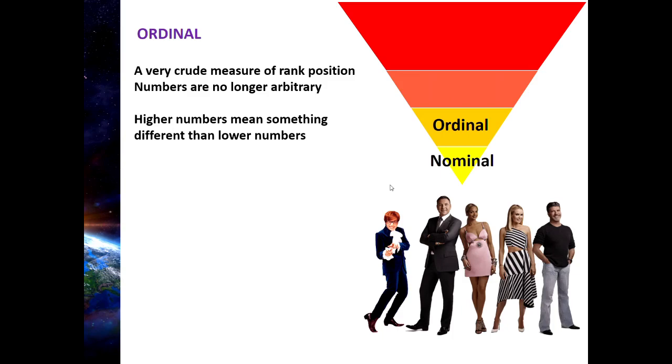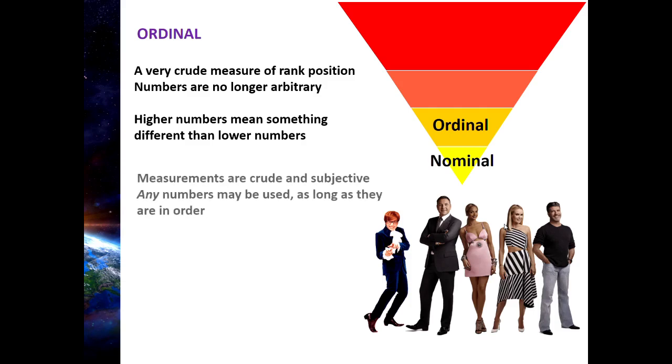We're not getting a formal instrument out to try and measure height. We're eyeballing. It's kind of like a little bit of a guessing game. In fact, now that I look at these two, I'm thinking maybe I should have put Simon next and not her. So it's very, very subjective. All right, so that's a very, very important point to note about the ordinal scale.